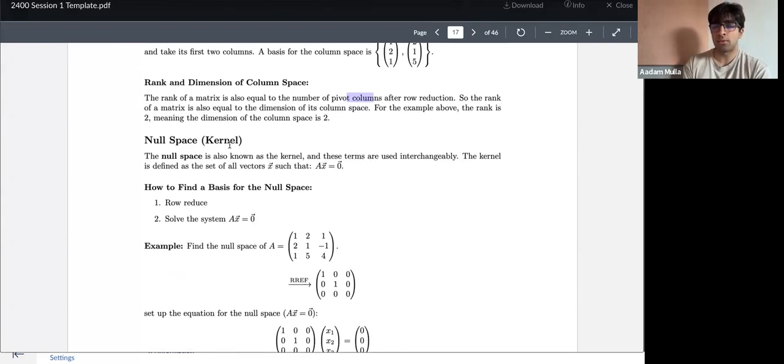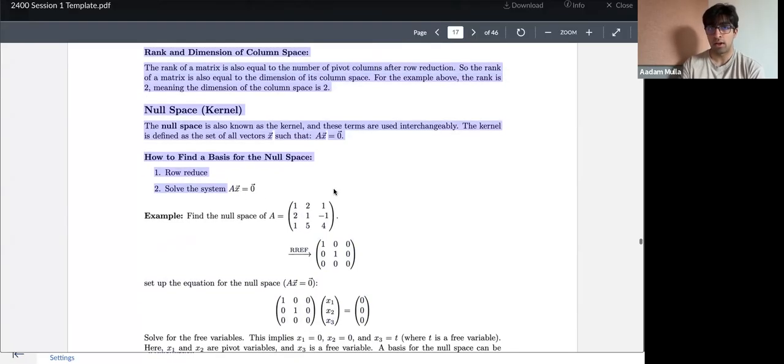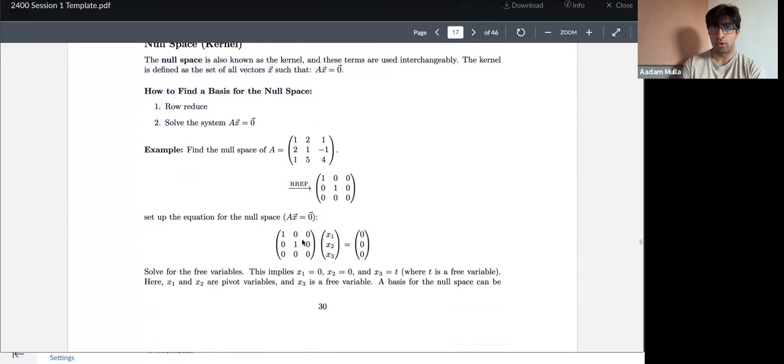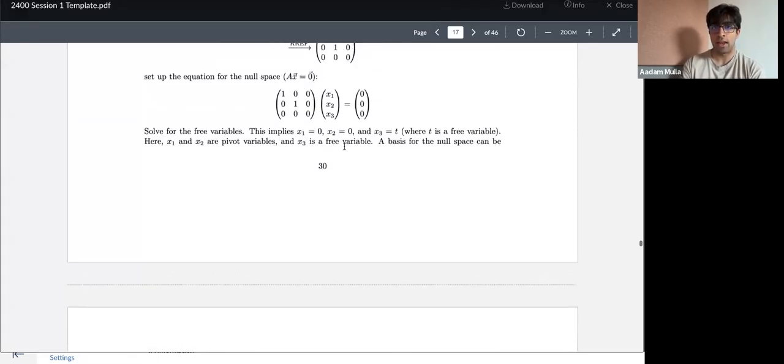Lastly, the null space. So we did row space, column space. The last one is null space, which you've talked about. It's the kernel. It's the same idea. The way you find your null space is you row reduce, and then you solve Ax equals 0, the same way we've been finding the kernel the whole time. So here you row reduce, you solve your null space equation, and then you'll get some solution like x1 equals 0, in this case x2 equals 0, and x3 equals t.